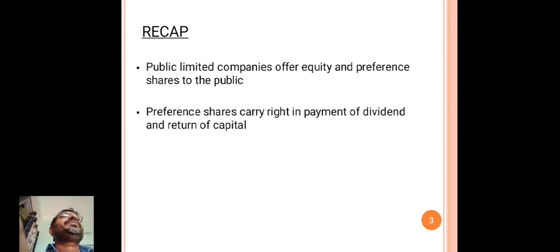Here in this class, which is the continuation of the previous classes, the chapter name is capital structure of a joint stock company. Generally, a company needs two kinds of capital, fixed capital as well as working capital.